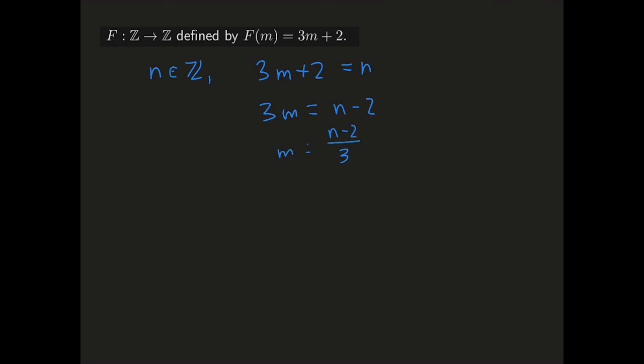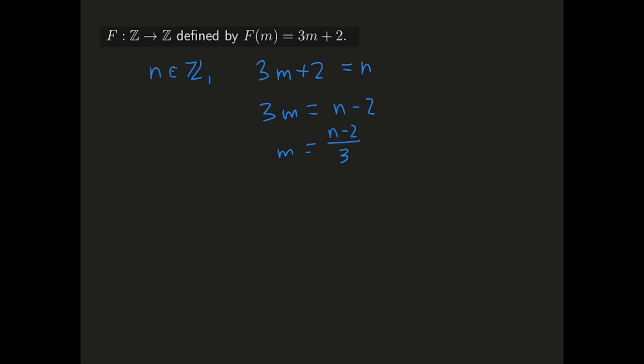Well, that means that 3m is going to be n minus 2, and m is going to be n minus 2 over 3. Well, there's the problem, because now we're dealing with integers, and depending on the value of n, this would no longer be an integer. On the previous example, I stressed that x, defined as y minus 2 over 3, was a real number. But now, this may not be an integer.